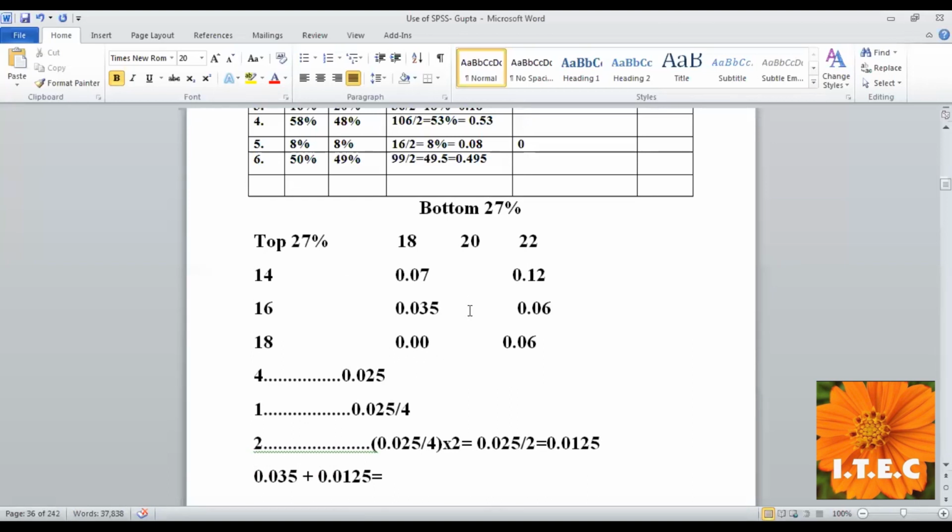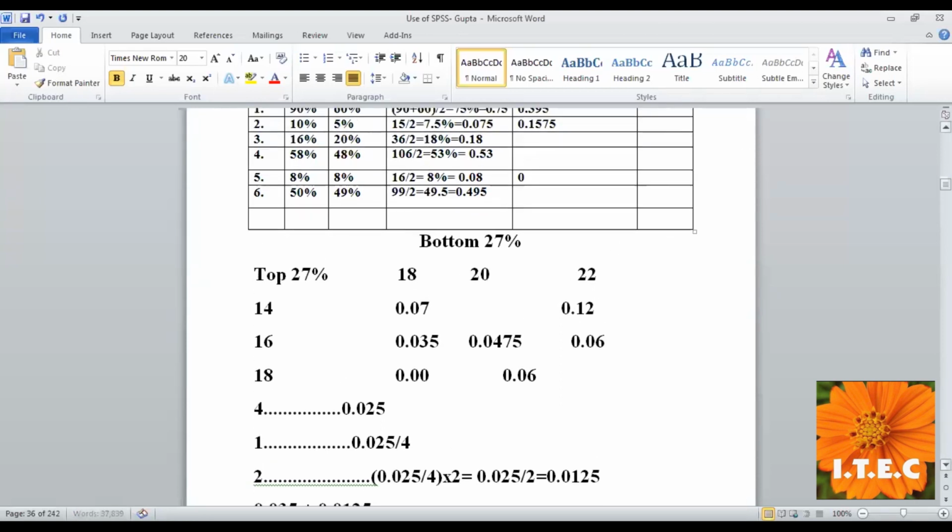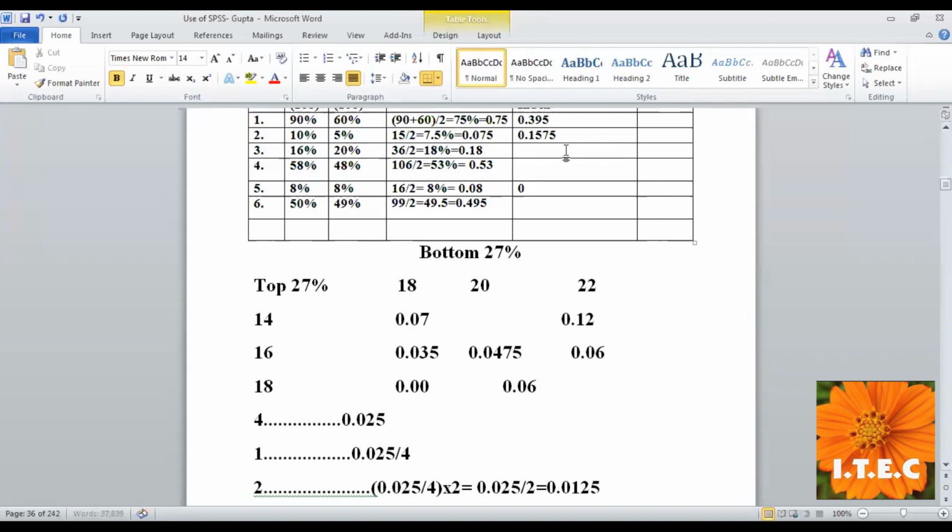And this value will be 0.0475. So I hope you have understood how to calculate these values. The calculation of the value is important, so that you should understand. So now you can say that here it becomes 0.0475.